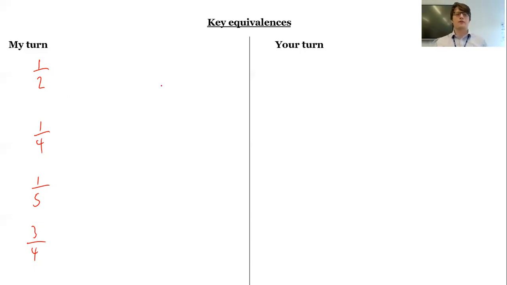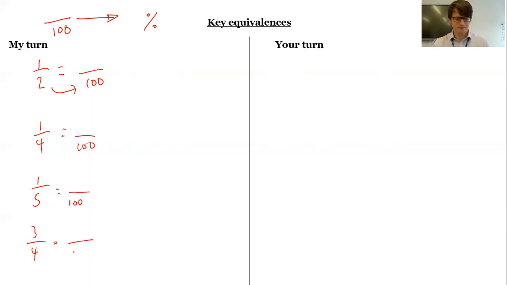Now, what's really easy is to go from a fraction with the denominator of 100 to a percentage, because percentage means parts out of 100, denominator of 100 means parts out of 100. So if I can turn these fractions into fractions with a denominator of 100, it then becomes very easy to turn them into percentages. So again, knowing some key facts is very important.